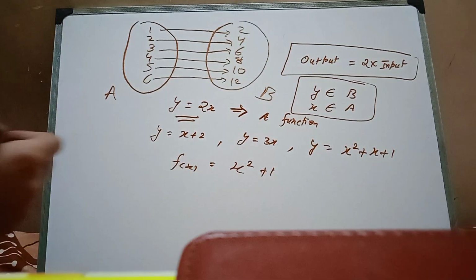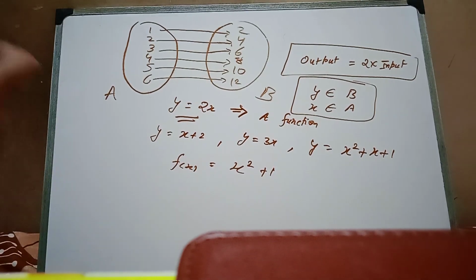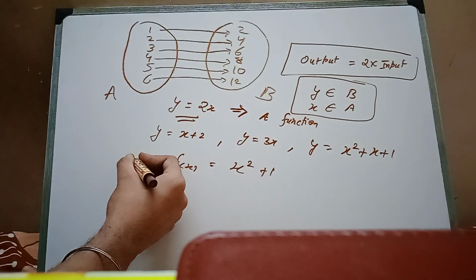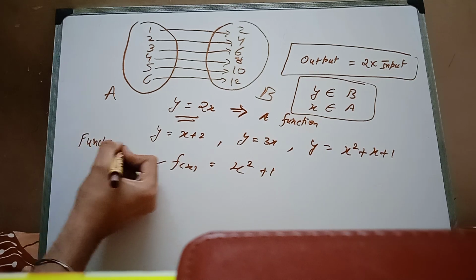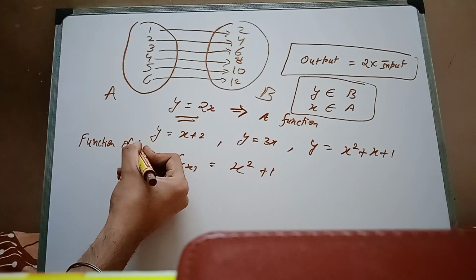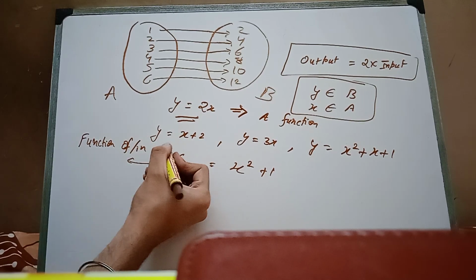So what does this mean? What is f of x? F of x means nothing but function of x. Function of x, or function in x also can be said. Function of or in x.